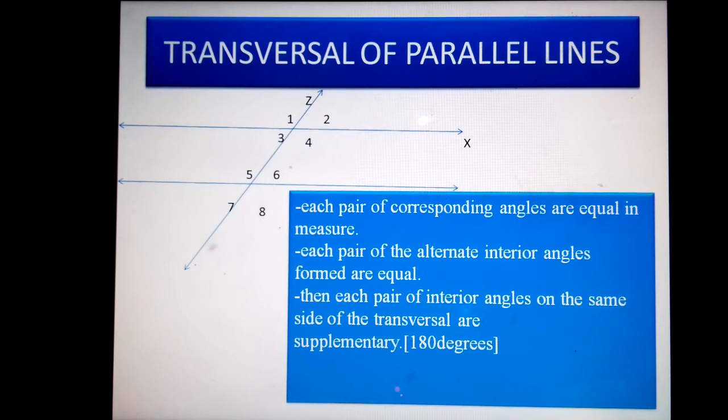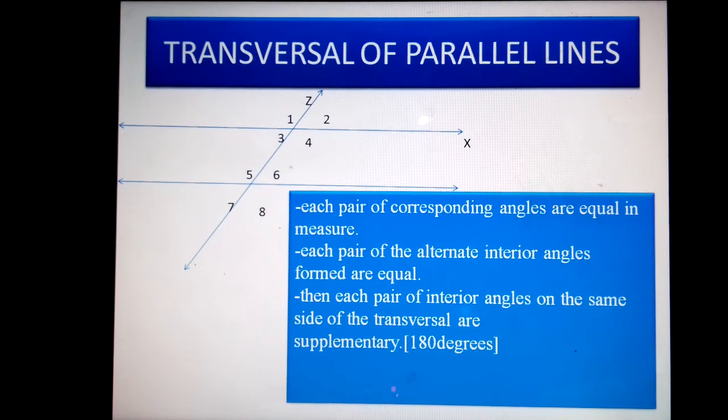So this is a transversal and these are the pairs of interior angles, that is 4 and 6, 3 and 5. Remember, this will be on the same side of the transversal. So this is on the right side, 4 and 6, this is on the left side, 3 and 5. So how much does this make? 180 degrees. The total will be 180 degrees.